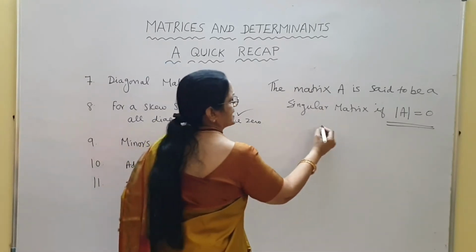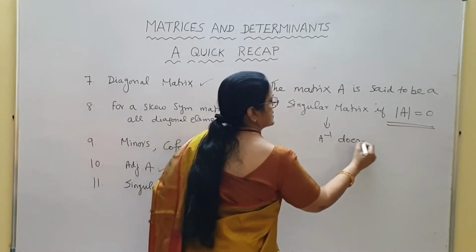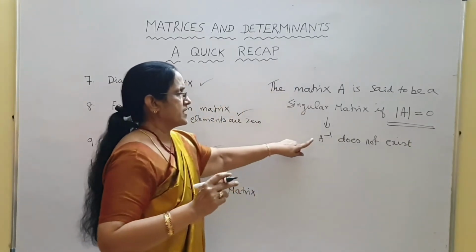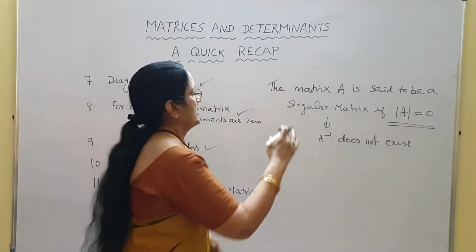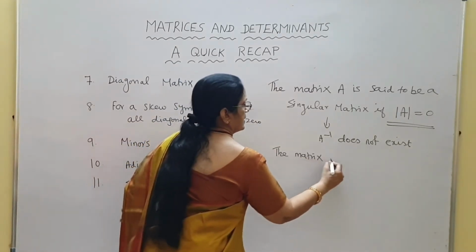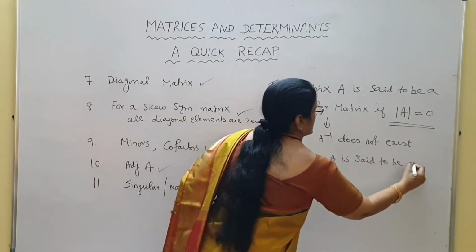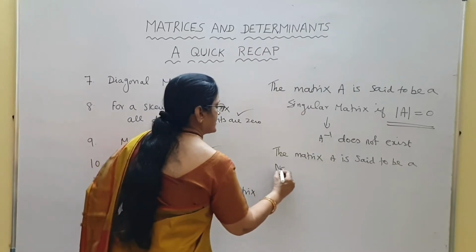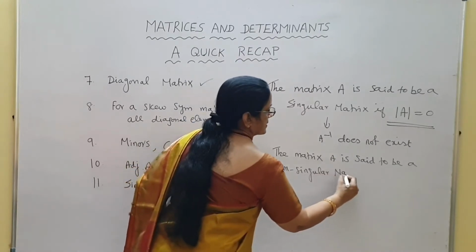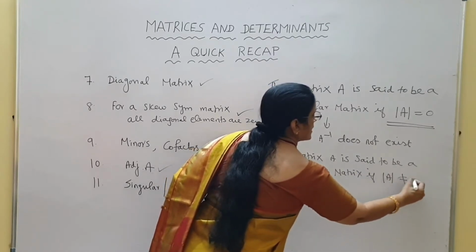Okay. In this case, A inverse does not exist. Anyway, we are going to study about A inverse next. Then, the matrix A is said to be a non-singular matrix if determinant of A is not equal to 0.